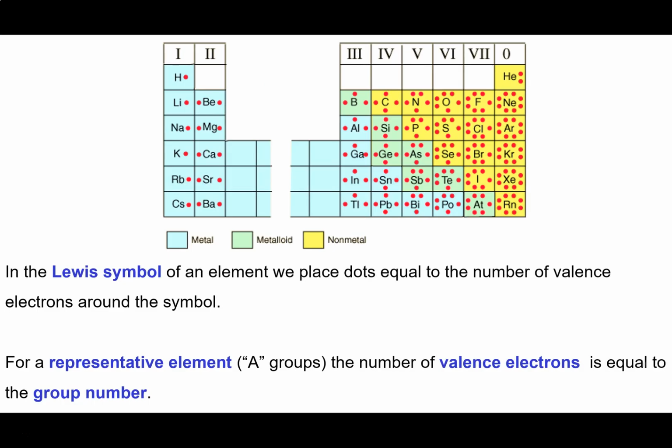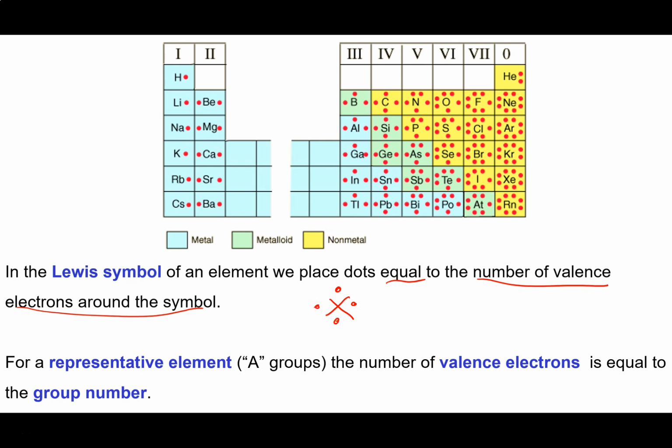So what you do in the Lewis symbol for an element is you put one dot for each valence electron around the atom symbol. So an element that's in group 4 would have 4 valence electrons. So we go 1, 2, 3, 4.